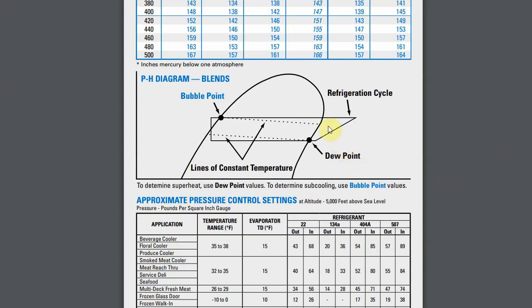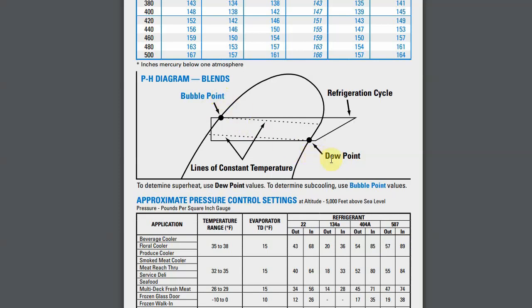So bubble point is condensing temperature, and dew point is boiling point. Then you say, well, why the heck would they use dew point, when the dew point is the temperature that water condenses, and why would they use bubble point? Because that sounds like boiling to me. It seems like it's backwards.